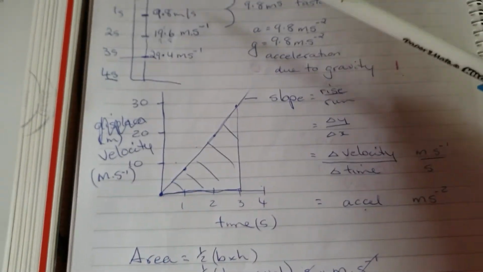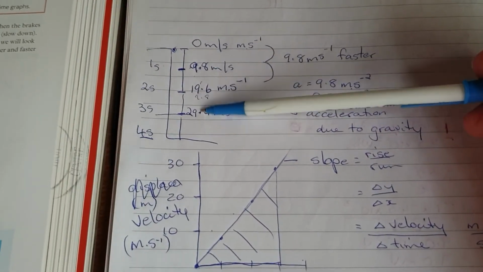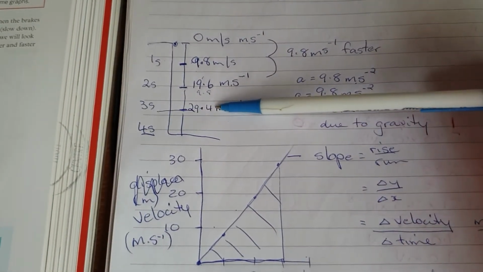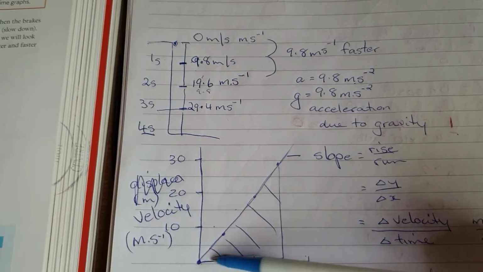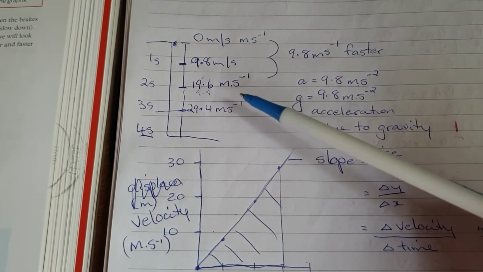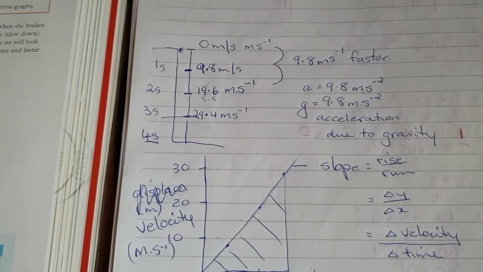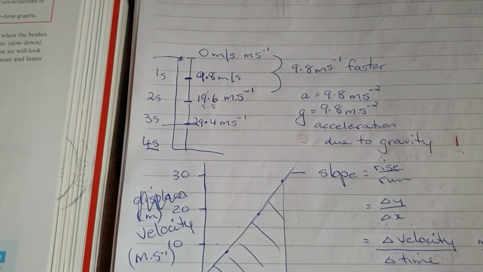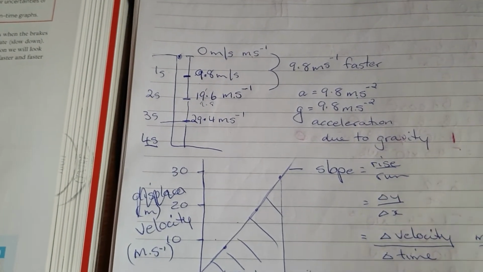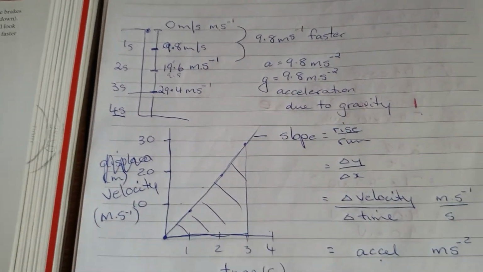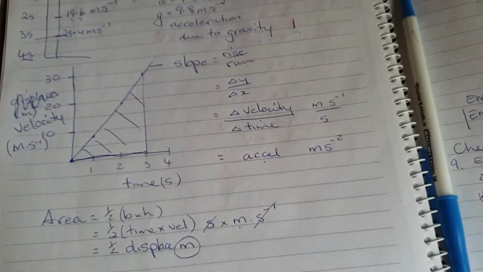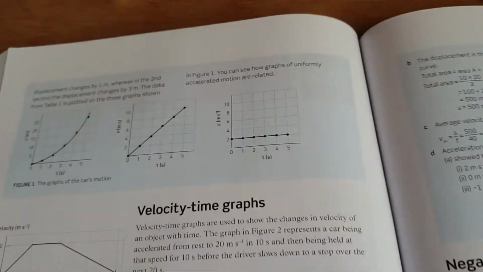So we could actually calculate how far that fell in those 3 seconds. And it'd be a half of 3 times 29.4. So about 15 times 3. Is that right? Roughly 45 meters. Okay.